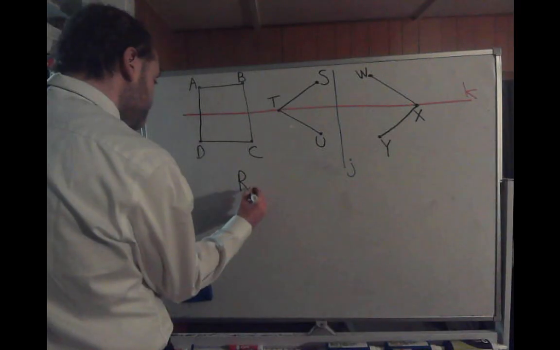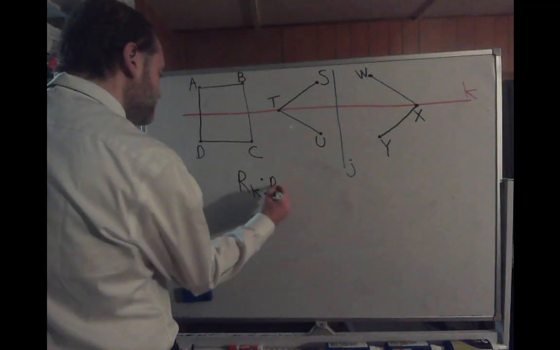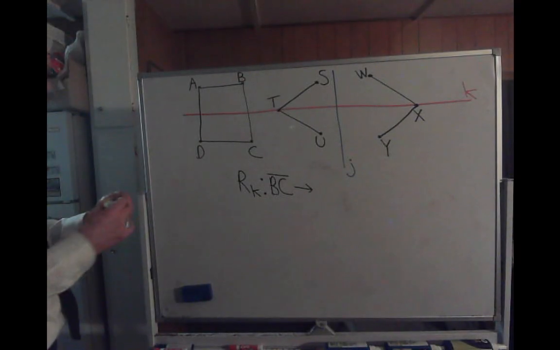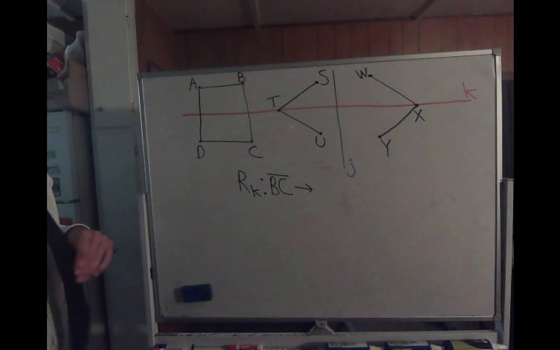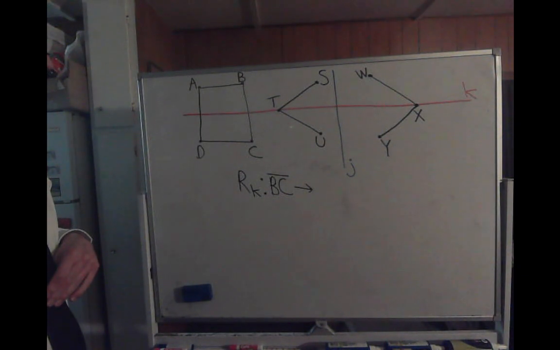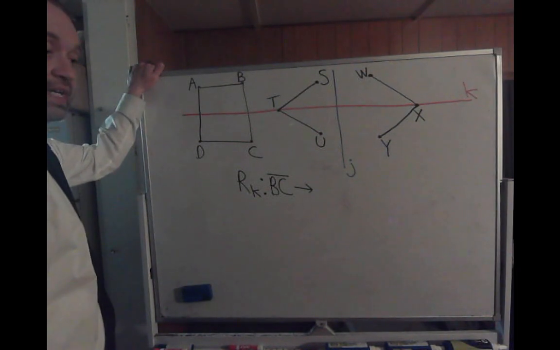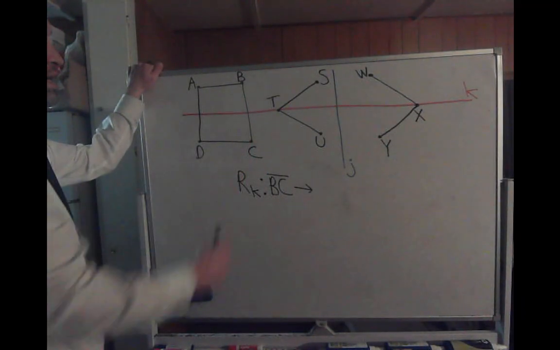So the reflection in line K of the segment BC. We want to find the reflection in line K of the segment BC. Well, there really is no change. You know why? Because this is a horizontal line.